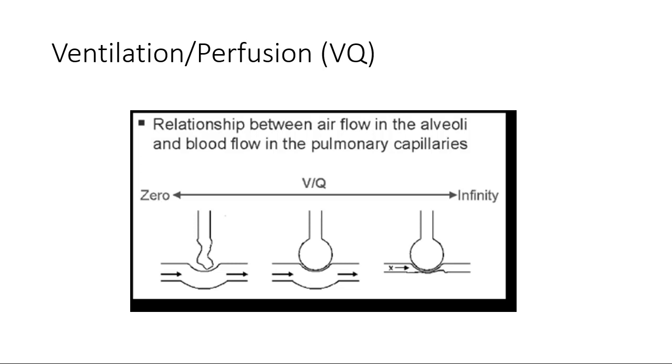So when they talk about VQ or VQ mismatch, we're talking about variation between ventilation and perfusion, a disparity there. So if your VQ equation is equalized, you have good perfusion and you have good ventilation, movement of gas.